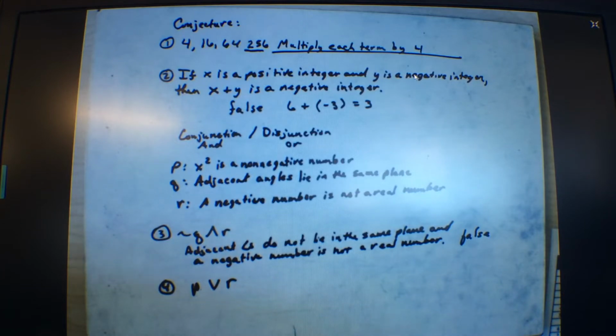Okay, let's take a look at P. P is true, right? So right there we can stop, can't we? Yep. Okay, so this is true, isn't it? You'll still have to write it out. So can somebody read it to me, how they wrote it out? X squared is a non-negative number, or a negative number is not a real number. Very good.